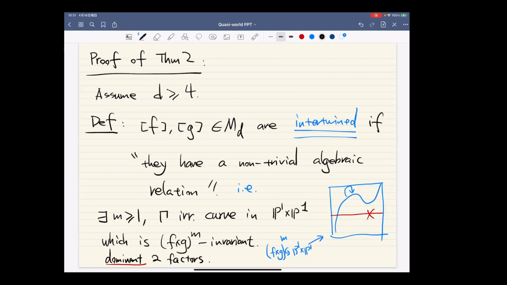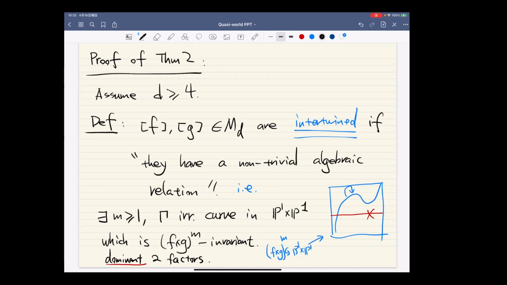Can I ask a quick question? Yes. Would your argument also work in the case 2 or 3, for example? Maybe with some modifications, because you said the proofs are complicated and use a lot of computation. Could you reprove this in a simpler way? In fact, in our proof, we need the assumption that D is at least 4.